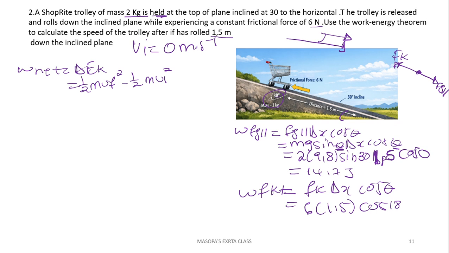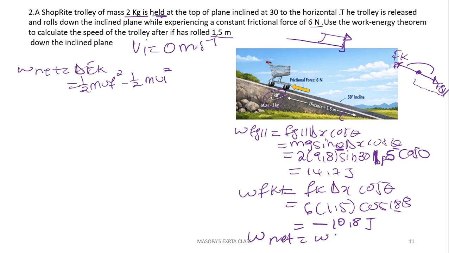The angle between the FK and the delta x is 180, remember the delta x is covered downwards the incline. The work done by the FK must be negative because we are doing negative work on an object. Therefore we get negative 10.8 joules.